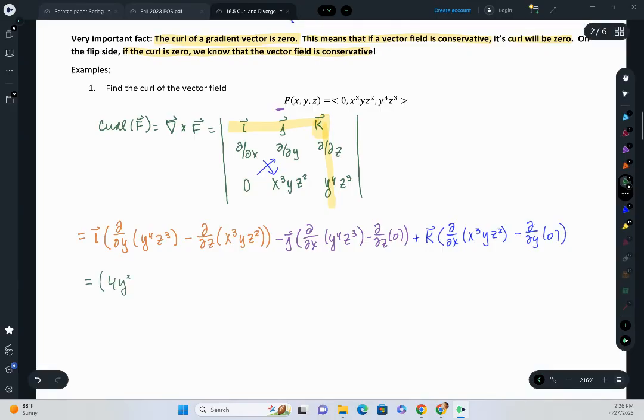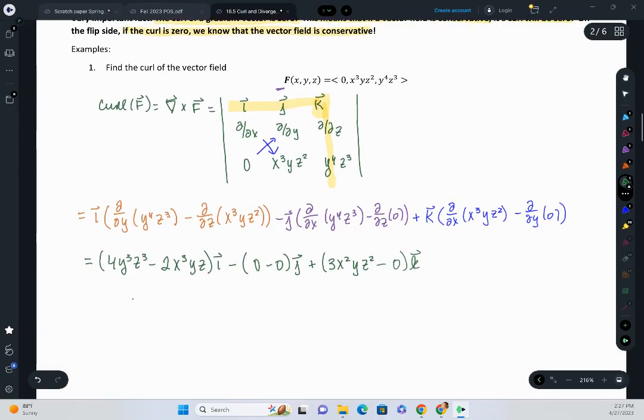That'll be 4y cubed z cubed minus del del z of x cubed yz squared will be 2x cubed yz i hat, and then minus del del x of y to the 4th z cubed is 0, minus del del z of 0 is also 0, so my j component will be 0, plus del del x of x cubed yz squared is 3x squared yz squared. Oops, don't close that yet. Minus del del y of 0 is 0, and then I have my k hat.